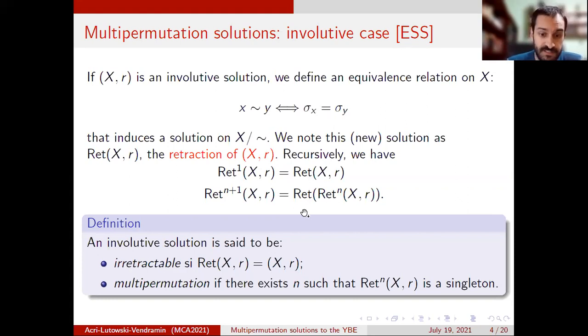And if there exists an n such that the nth retraction is the singleton, we refer to this solution as a multipermutation solution of level n, where n is the minimal positive integer. Etingof, Schedler, and Soloviev noted that almost all small examples of solutions are multipermutations, so this is a class of great interest to study.